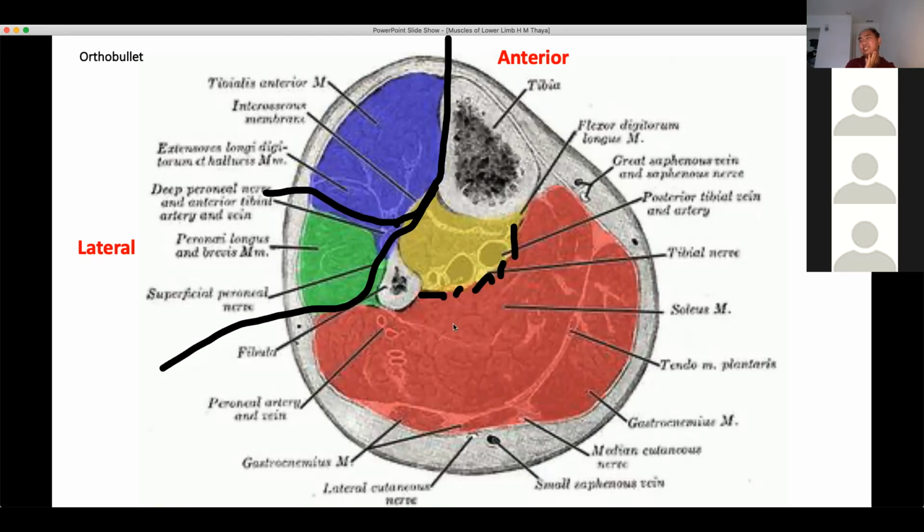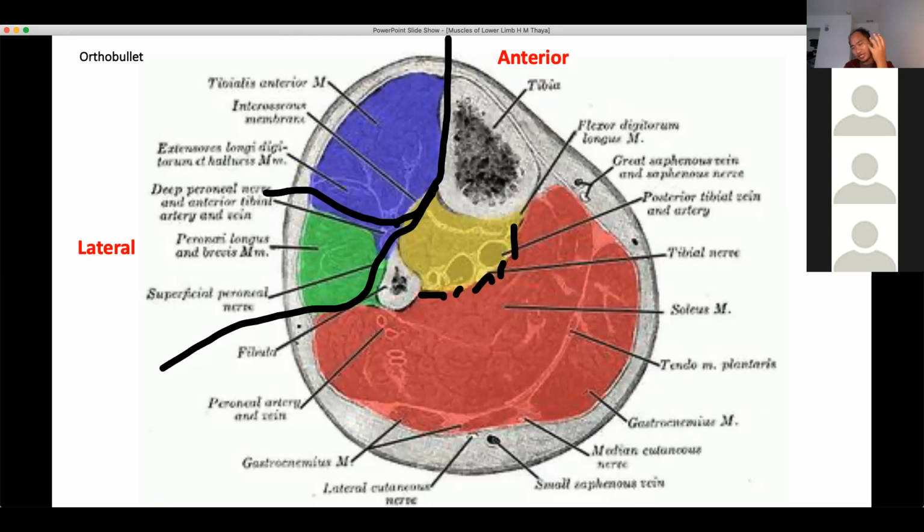And you can see the anterior compartment, which is colored with blue. You can see the lateral or peroneal compartment, which is colored with green. And you can see the posterior compartment, which is colored with red and yellow. Which means the posterior compartment can be divided into a superficial group of muscles and a deeper group of muscles.